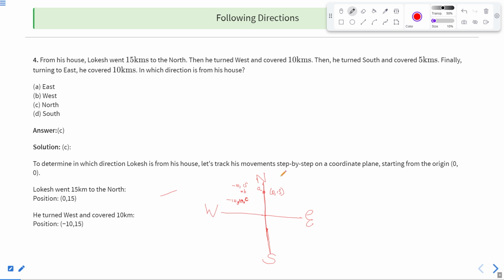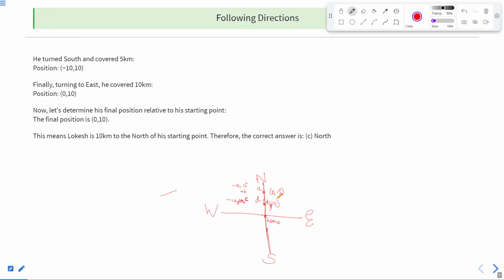Then he turns east and goes 10. -10 plus 10, 0. So this is taking 0, 0 to be home. He is 10 units north of home. Same thing, he turns south and covered 5, east and 5. So final position is 0,10. That means 10 kilometers north of his starting point. Therefore, correct answer is C, north.